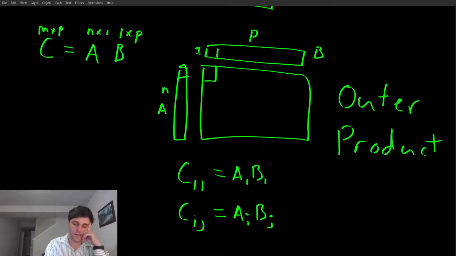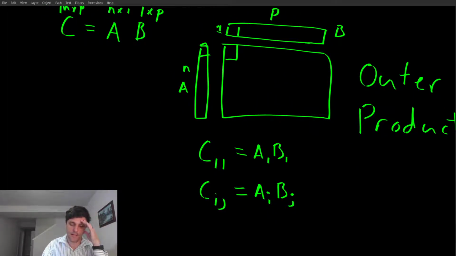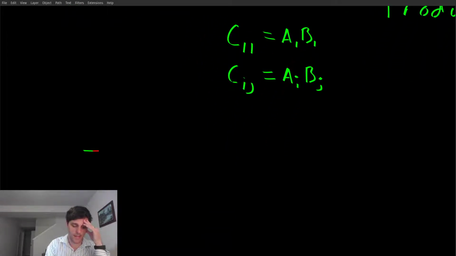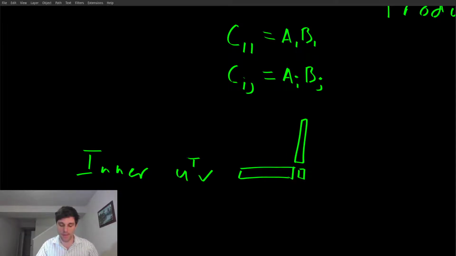Like the inner product, as we've discussed many times, takes in two vectors and turns them into a single element, right? So for the inner product, you have something like U transpose V, which turns the U sideways into a row vector and leaves the V as it is. Our diagram works just fine in this picture because we end up with a 1 by 1.